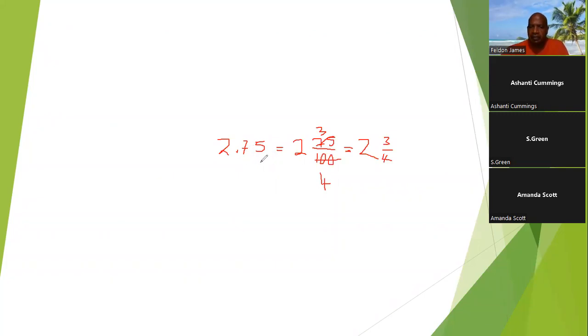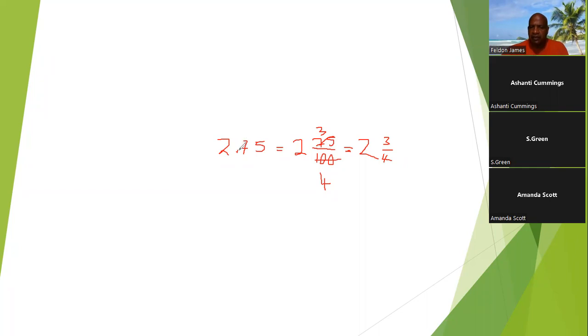Because they are decimals, they are over powers of 10. So the first digit is over 10 to the power 1, that means you have 10. The 5 would be over 10 to the power 2, that means you have 100. So in other words, you would have 75 if you group these two together over 100, right?